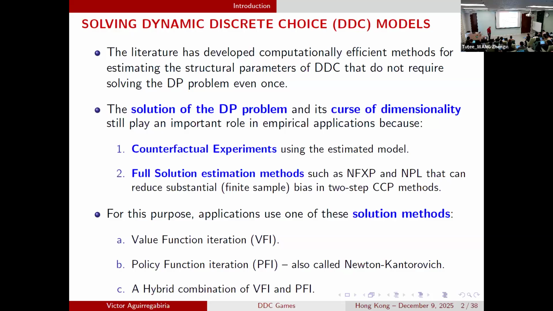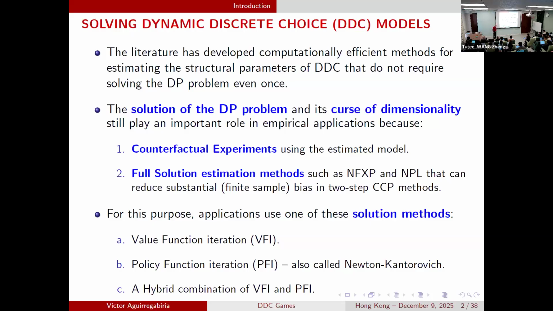solution. Okay. Then which are the standard, almost universal solution methods that are used for the solution of dynamic programming problems? Well, value function iteration that we have seen yesterday, Bertel talked about it, is very common.